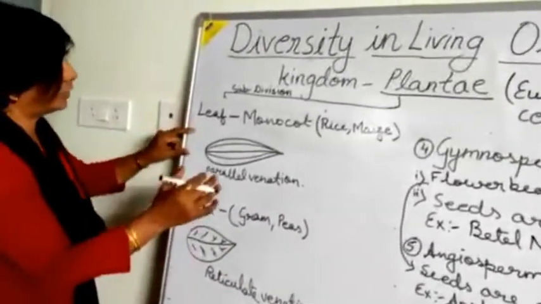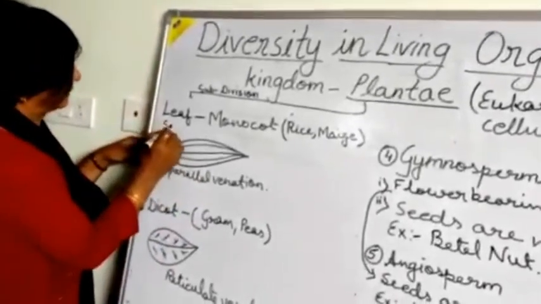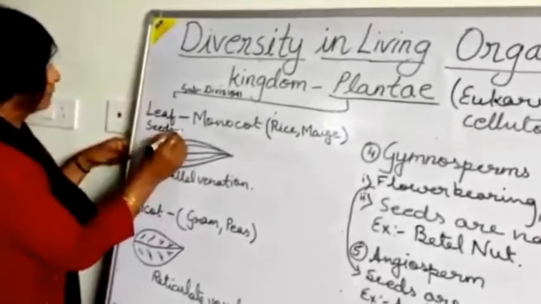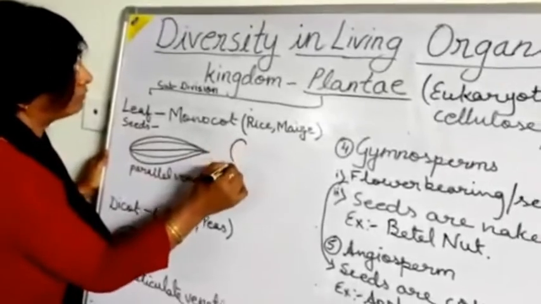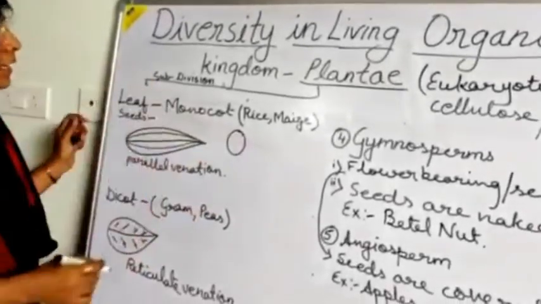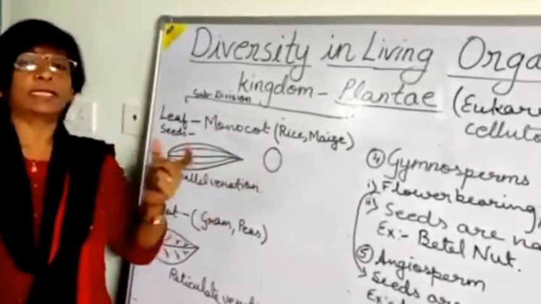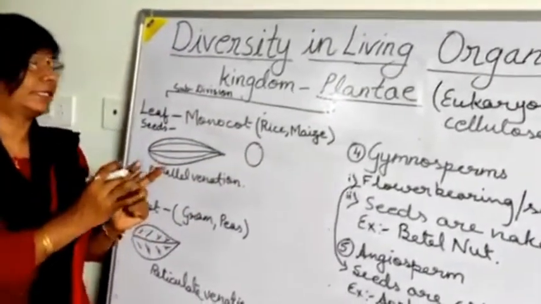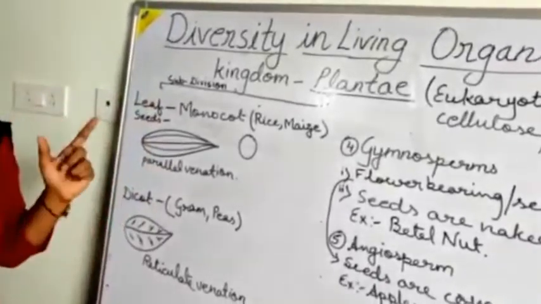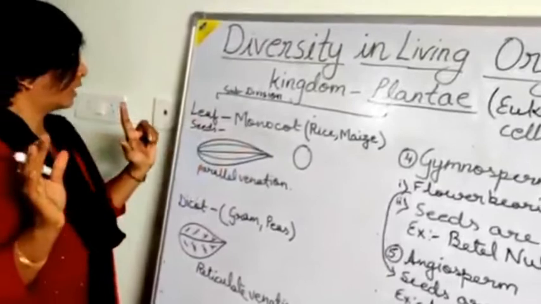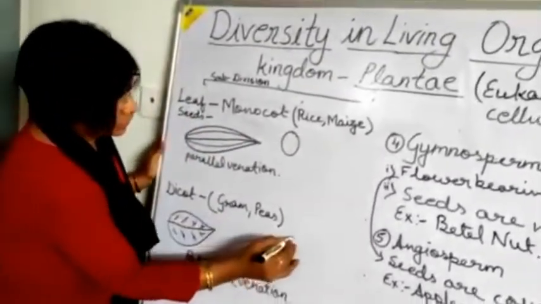One more difference between them is the seeds. Okay. Seeds, if you are going to take, that seed is having only one pod. If you divide this one, you cannot get the exact structure of two things. You cannot divide this seed. But here you can divide.